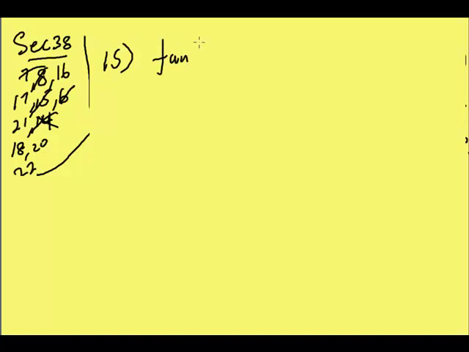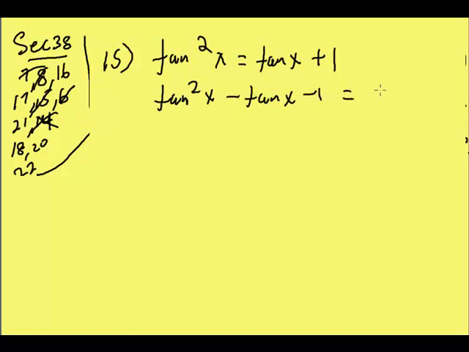Fifteen. tan squared x is equal to tan x plus 1. This is a quadratic. You see a quadratic, what are you going to do? Yeah, but you have to take everything to one side. So it would be tan squared x minus tan x minus 1 is equal to 0.